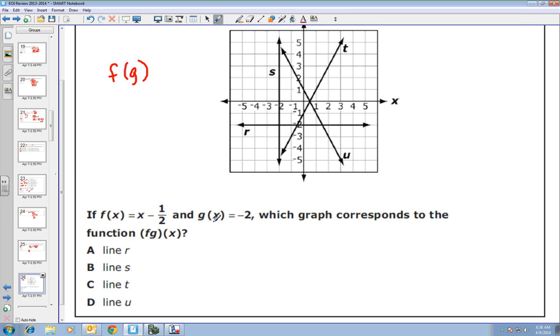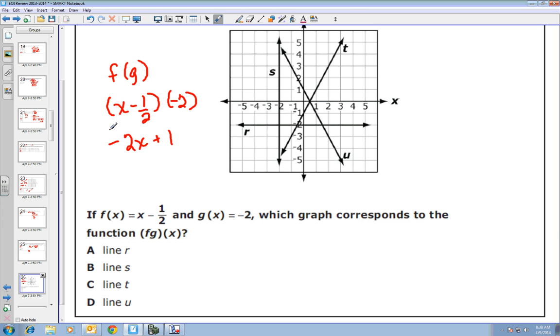They just didn't want to write it twice, so that really doesn't mean anything. So first of all, they want me to say my f equation times my g equation. All right? So when I simplify that, -2 times x is -2x. What's -1/2 times -2? Plus 1.